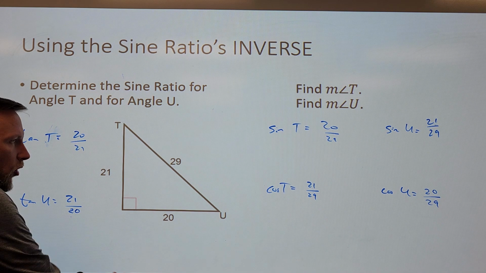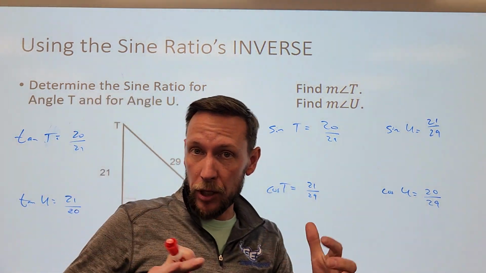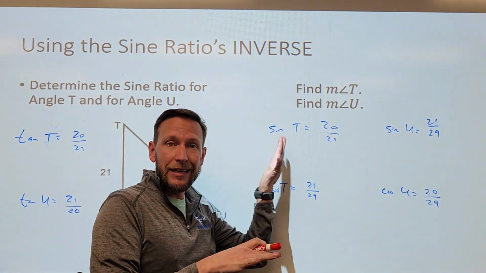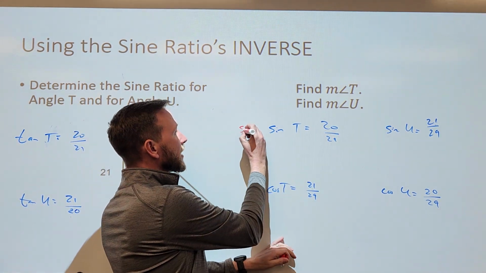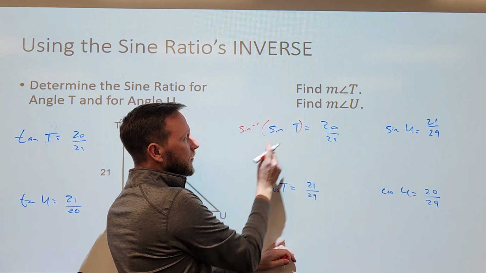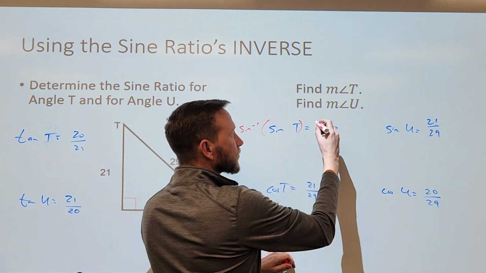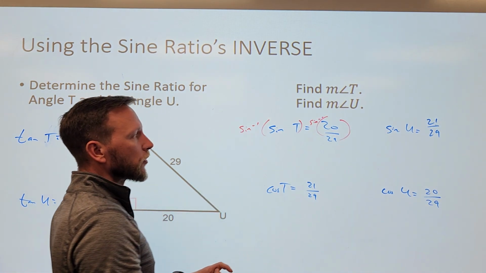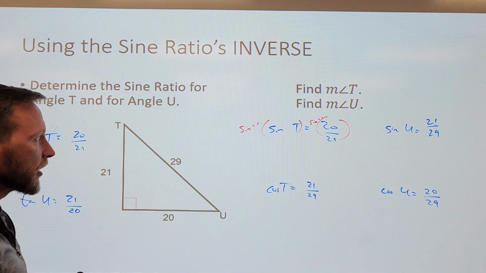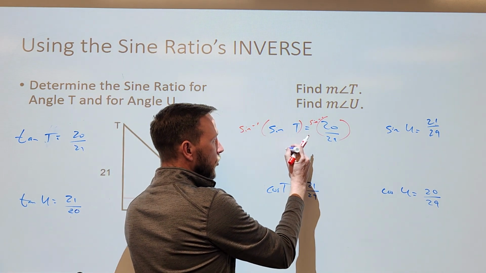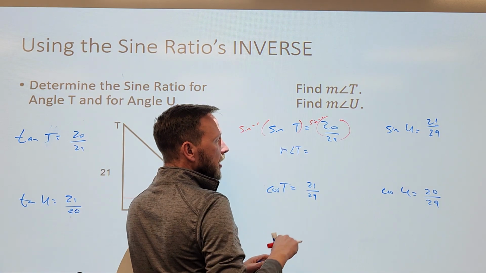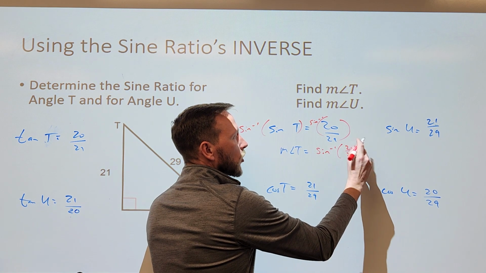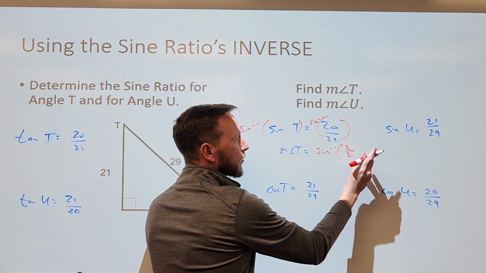So essentially, when we perform the same operation on both sides of the equal sign, that is designed to keep things equal to each other. So if I take the inverse sine of the sine of t, and I also do the inverse sine of 20 over 29, then that will give me what t equals, right? The measure of angle t is going to equal the inverse sine of 20 over 29, all right?